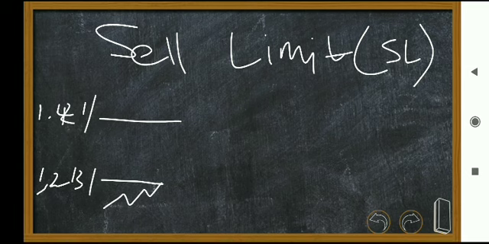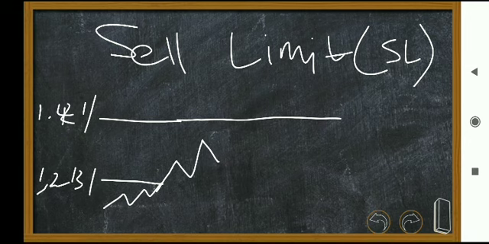In order for this limit to be activated, the market, just like the buy limit, has to touch and go back, then it's activated. But if it touches, then goes in that direction, it's not activated.